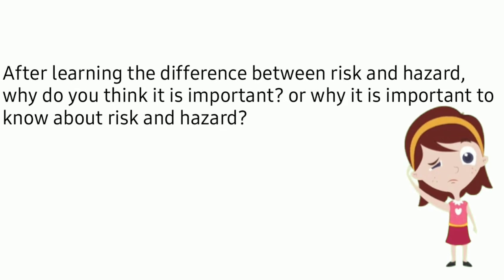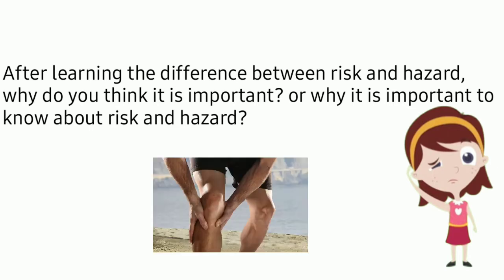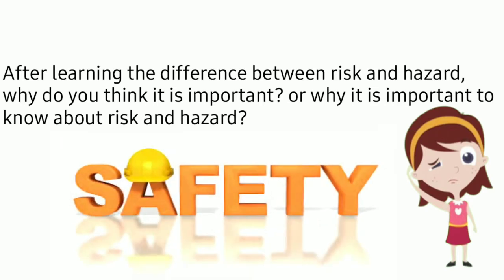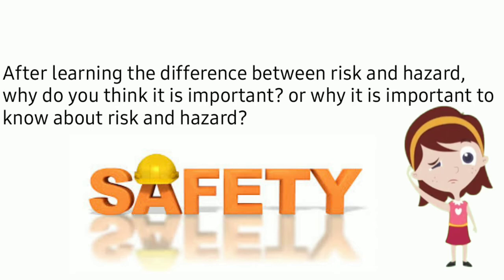For me, determining risk and hazard is important because it will help employees prevent injuries or undesirable consequences. It will also protect our employees from harm, and determining risk and hazard may also lead to a safe workplace.